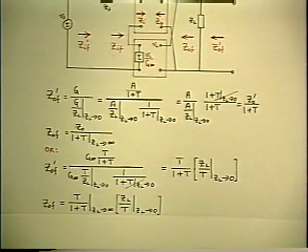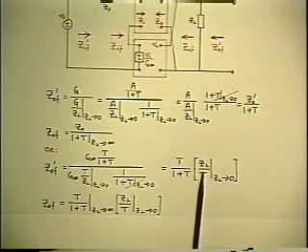That's sort of a revelation, I think. See, it doesn't matter what the open loop output impedances were, which is why you didn't bother knowing them. The loop gain alone determines the output impedance of your closed loop system.